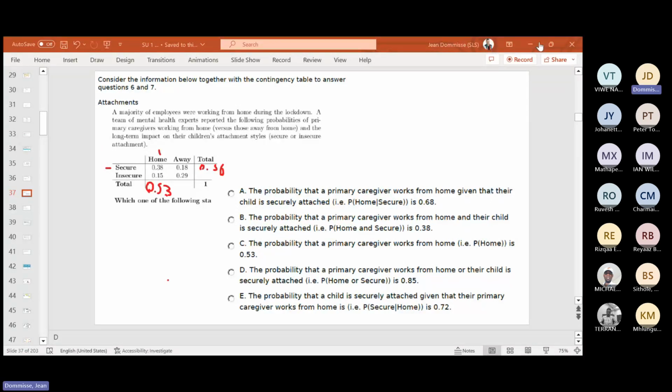Okay, so the probability of home, 0.38, divided by the 0.56.